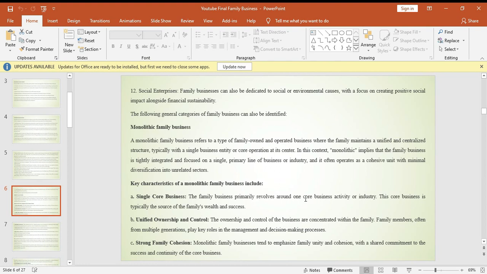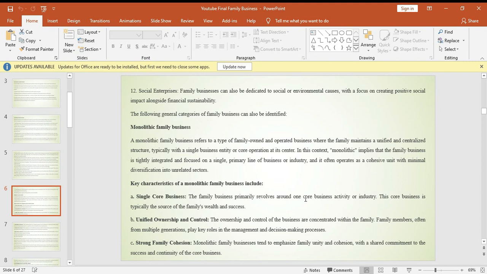Family businesses can also be dedicated to social or environmental causes with a focus on creating positive social impact along with financial sustainability. The following general categories of family business can also be identified.